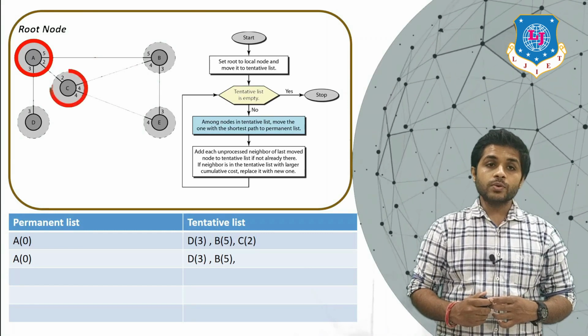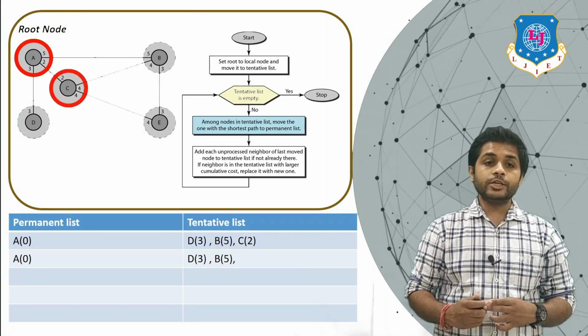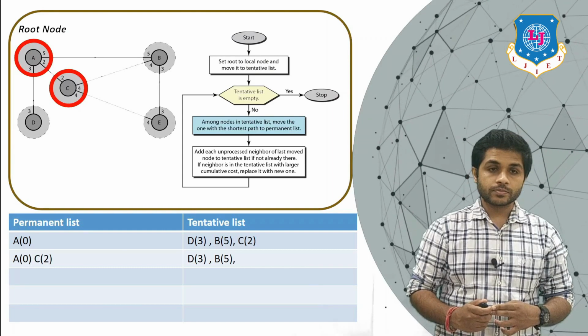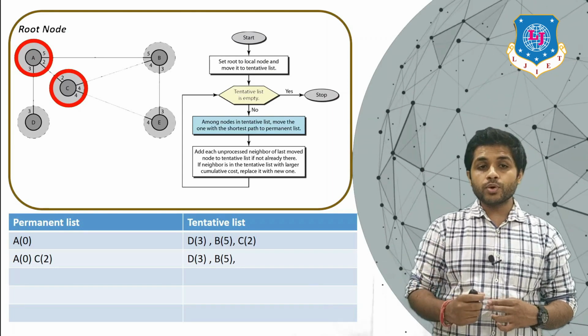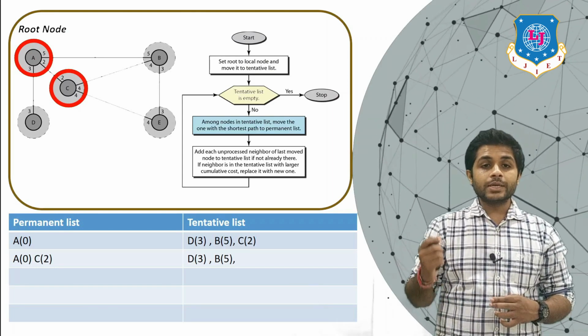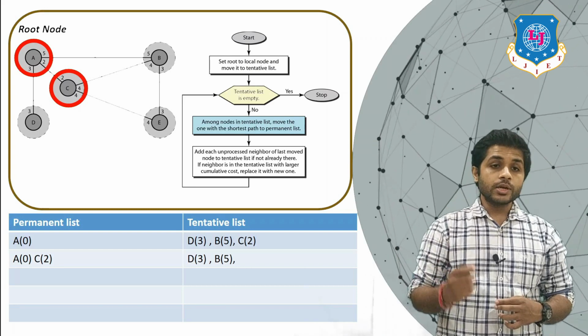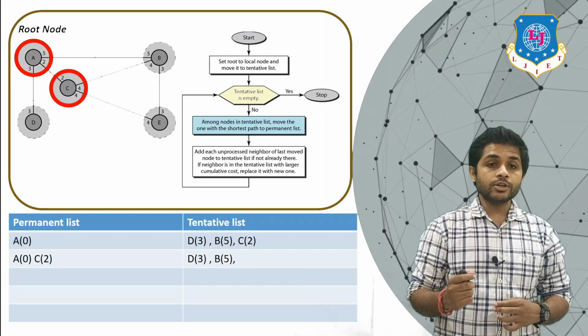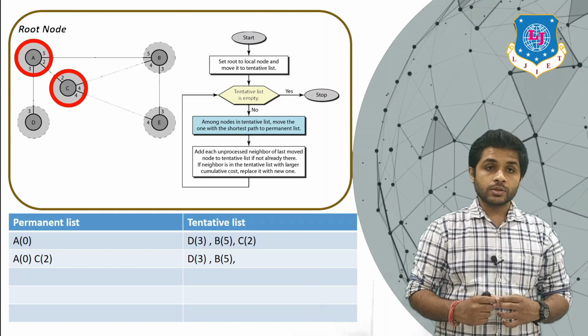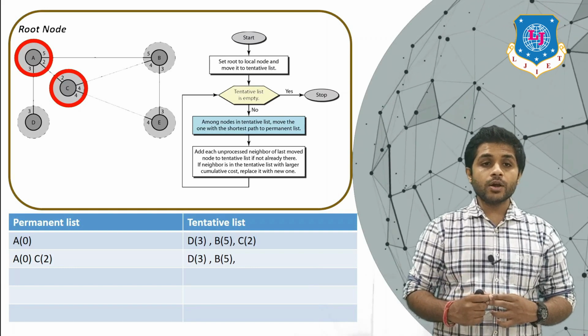So we will move the C2 into the permanent list. So after we move any node from the tentative list to permanent list, we will add its adjacent node to tentative list. So what are the adjacent of the C?